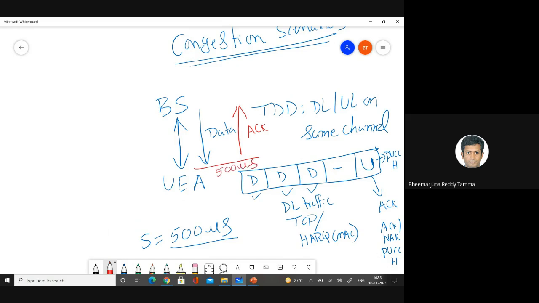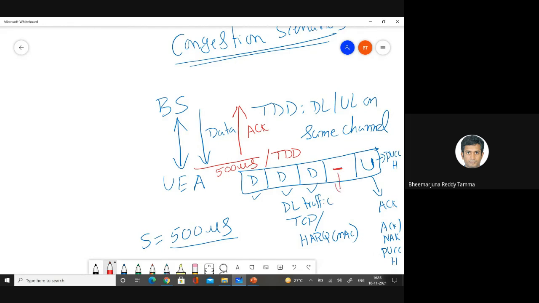So that is the beauty of TDD, where you can configure the symbols for both downlink and uplink, including some special symbols which are called flexible, which can be dynamically decided to be configured for downlink or uplink or for guard period. So let me explain why I need the guard period. Then I will explain the flexibility of these symbols for downlink and uplink in the following threads.